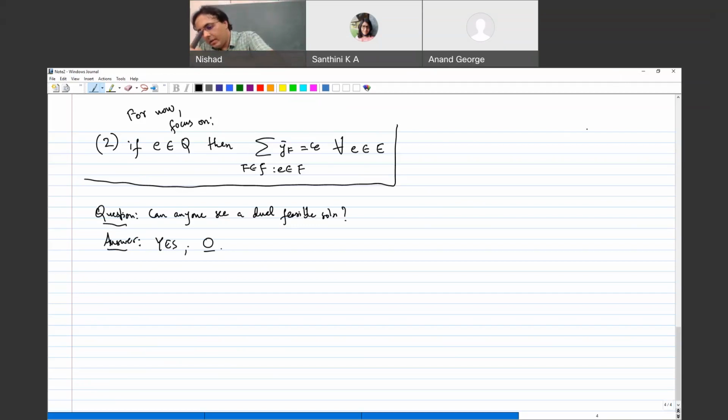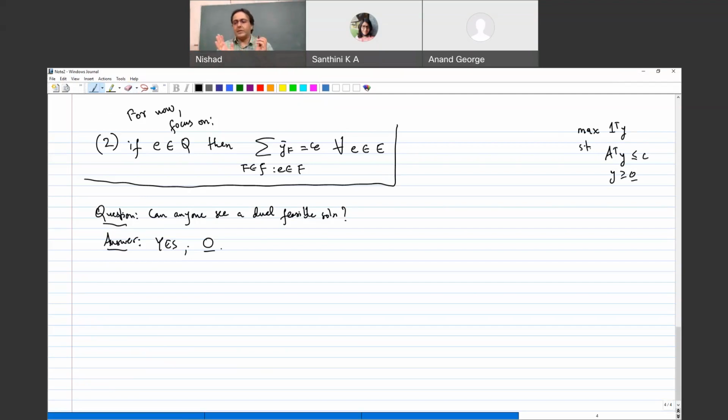The dual is our maximization problem, 1 transpose y, subject to A transpose y is at most c, and the y's are non-negative. Is that correct?